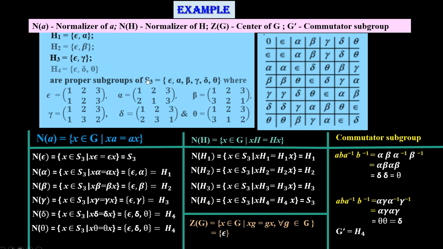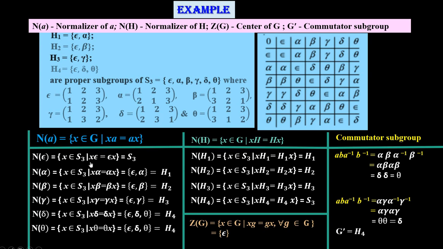So whenever you give S3 as an example, you have to mention what these stand for. And if it involves subgroups, you can list the subgroups like this. Now we consider N of A. We have to compute this N of A for each and every element of S3. So it is all those elements which commute with A. So that is the elements present in N of A.